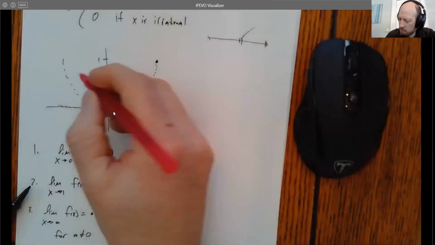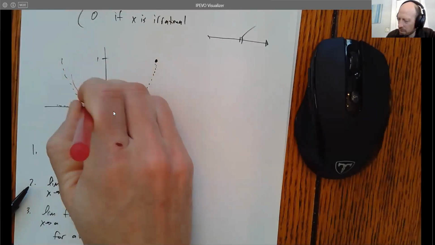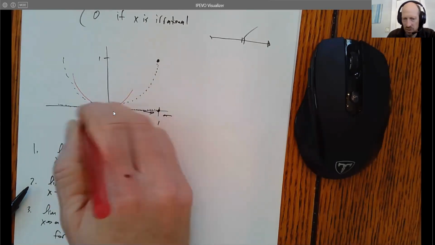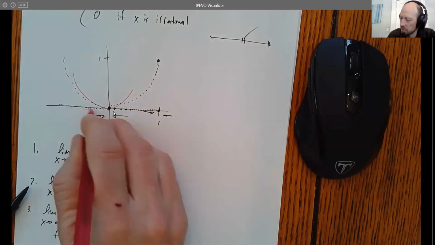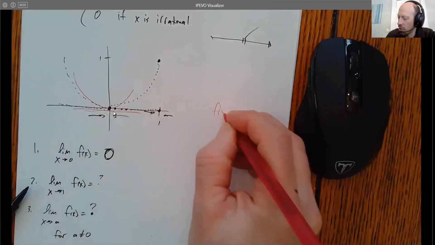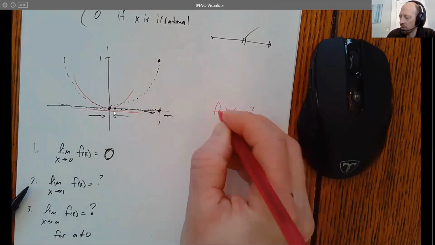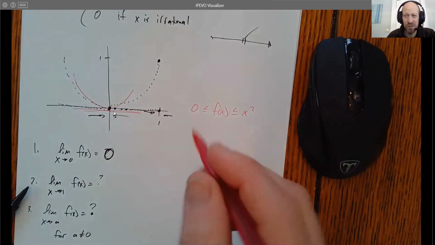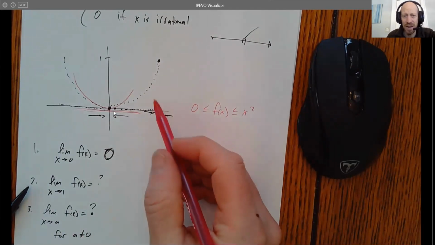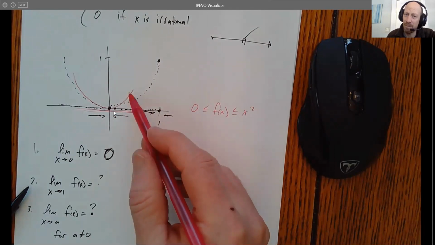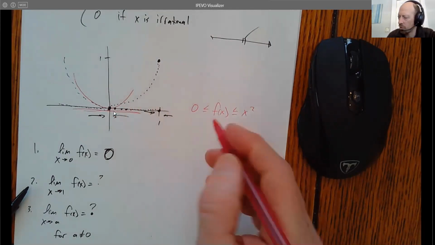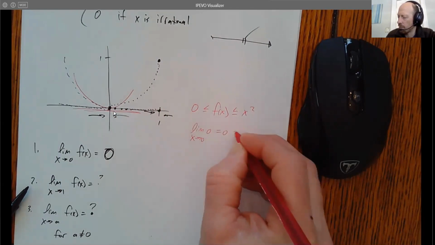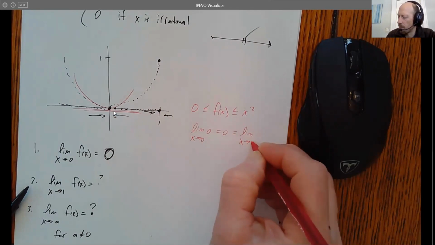The squeeze theorem says as long as I can bound my function by two other functions, and there are many options for the bottom function, but I could just use this. f of x is always less than or equal to x squared, and it's always bigger than or equal to 0. It's jittery and really hard to control otherwise, but I know it's at most x squared and at the smallest 0. And of course both of those have limits equal to 0.